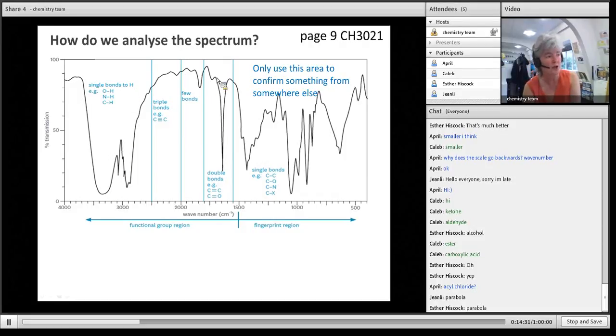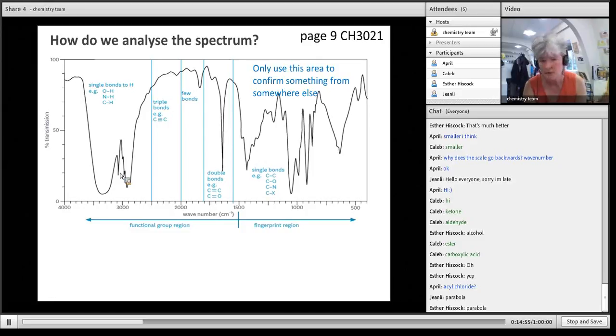We also know it's got a C double bond C in it, and we also know that one of those carbons of the double bond has got a hydrogen attached to it. So there's a hydrogen attached to at least one of those double bonded carbons.